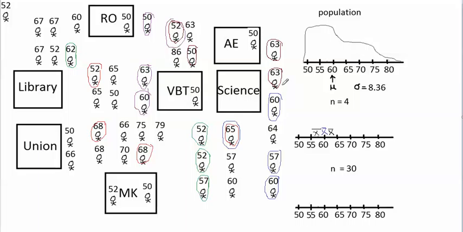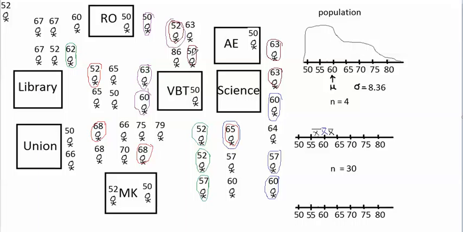So if I went out and I selected 4 people to be my sample, I could get the 4 brown people, or I could get the 4 purple people, and they would be different possible samples.